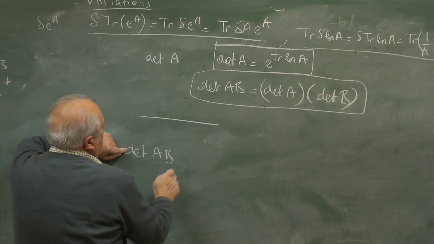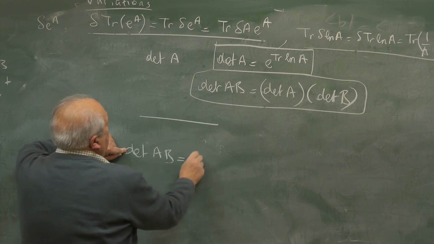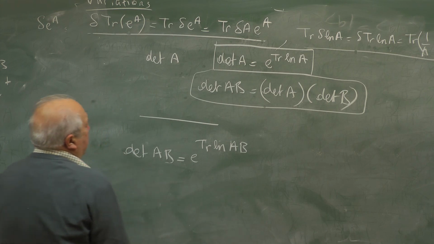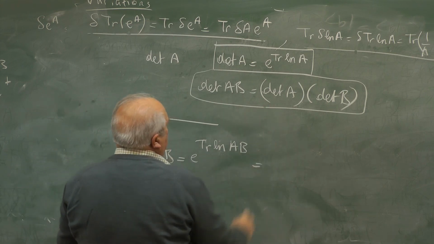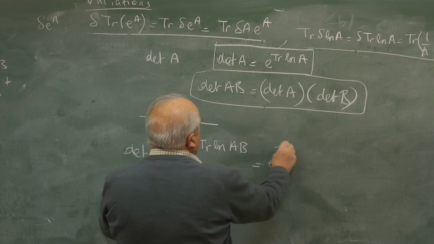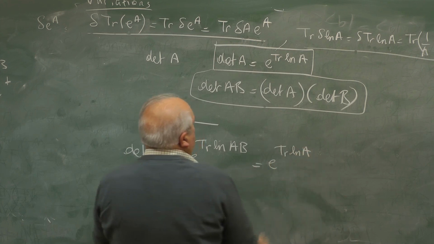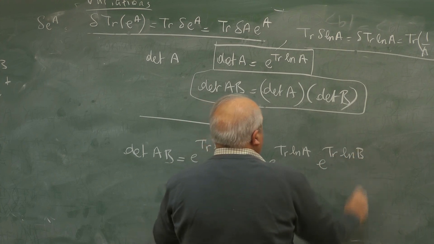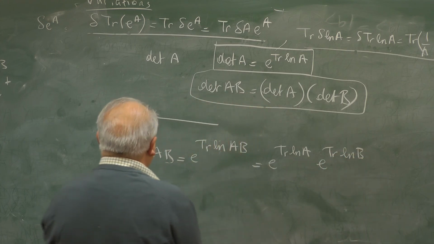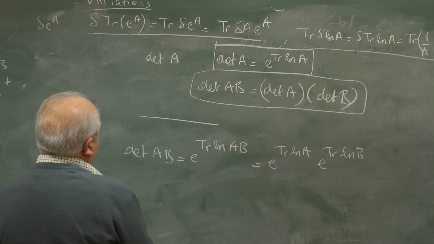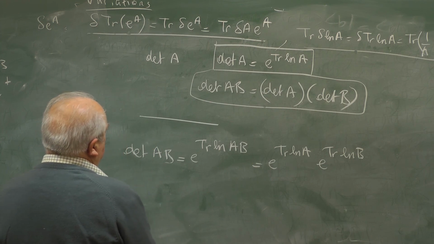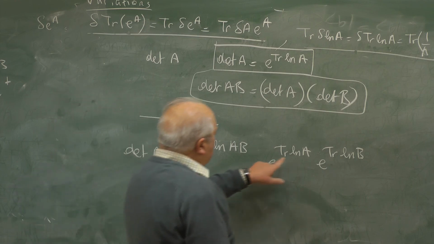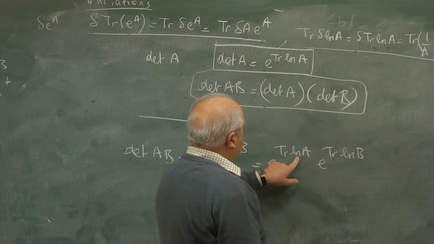Determinant AB is equal to e to the trace log AB, is equal to determinant A, which is e to the trace log A, times determinant B, e to the trace log B. Now, trace log A is a number.